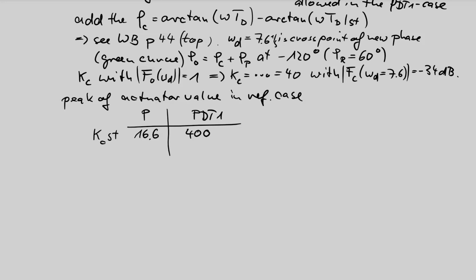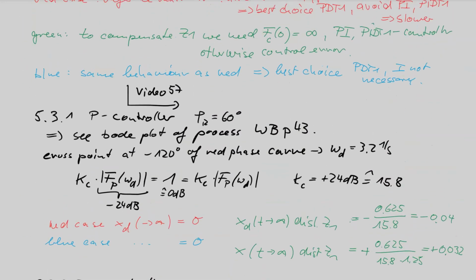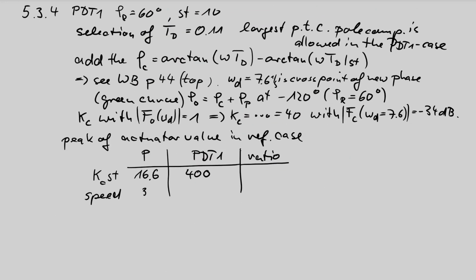That means, and speed, the speed indicator is the ratio. Speed indicator P is the omega d value. What was this? Omega d value is 3.2. Speed indicator in my PDT1 case, where is this omega d?